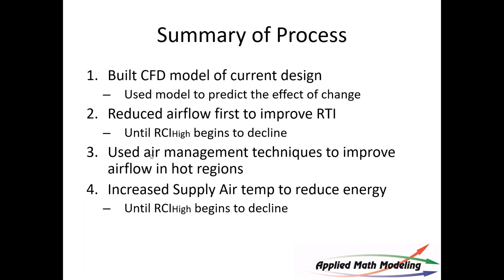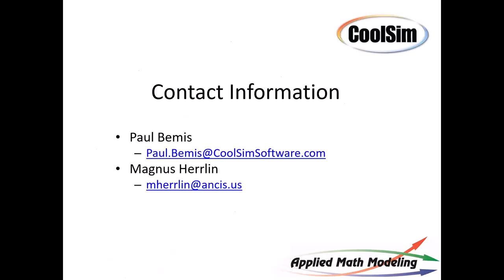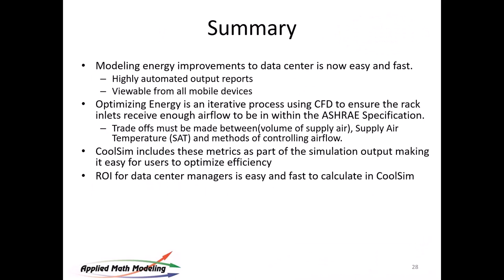We turned up the supply air and then went after air management. It doesn't really matter, I suppose, Magnus, on the last part, the two orders there, but you sort of trade these two off. This is a balancing act between enough air and right temperature, right? Yeah.